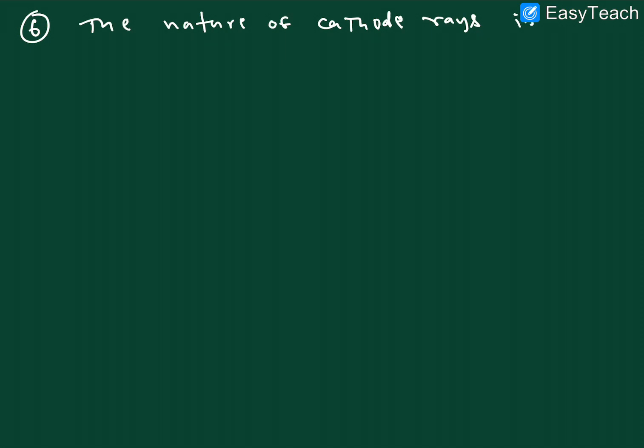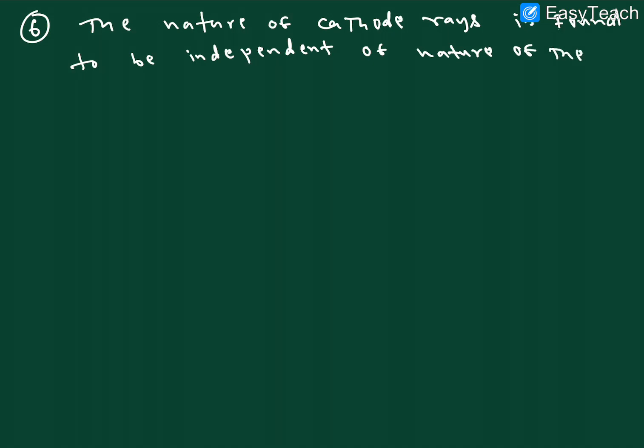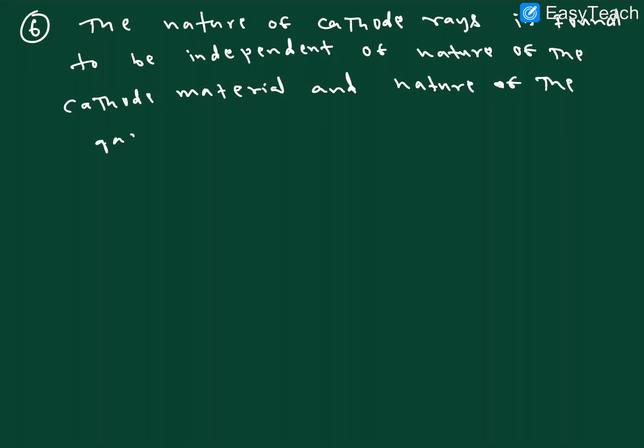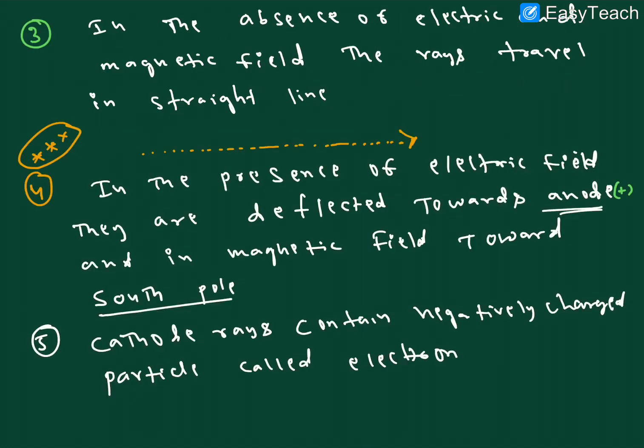Cathode rays are found to be independent of the nature of the cathode material and the nature of the gas in the tube, right?